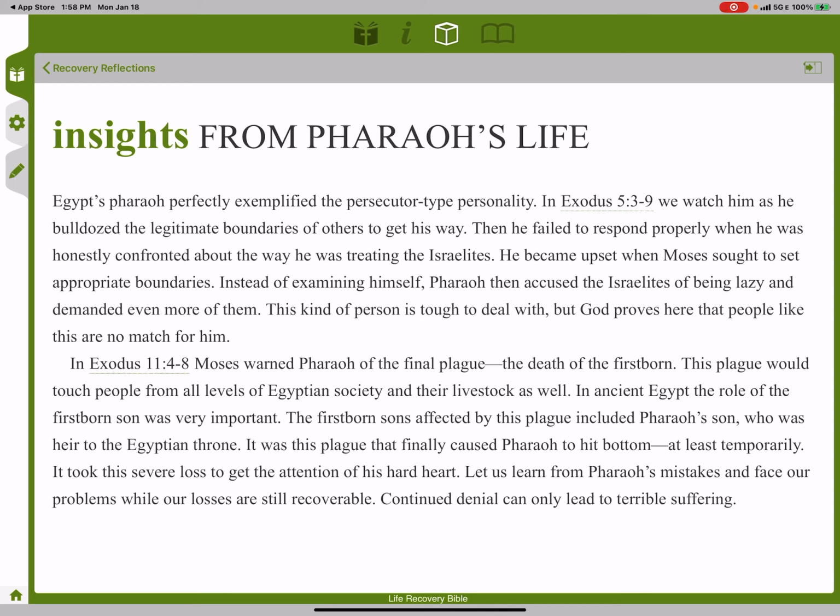And so Egypt's Pharaoh perfectly exemplified the persecutor type personality. In Exodus chapter 5, verses 3 through 9, we watch him as he bulldozed the legitimate boundaries of those to get his way. And so, again, there's so much here.